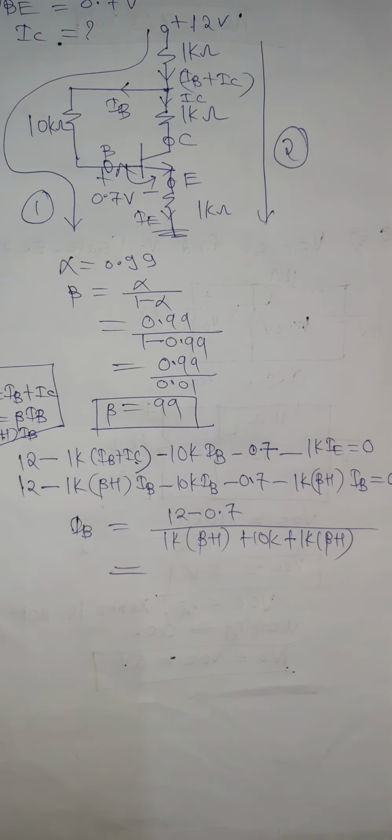Now put the value of beta as 99. So 1000 into 100 plus 10,000 plus 1000 into 100 whole inverse into 12 minus 0.7.